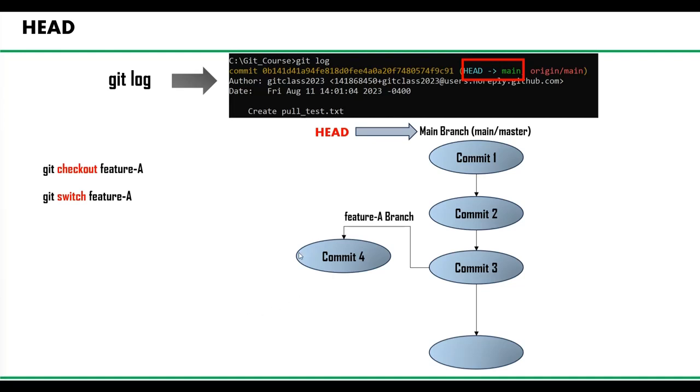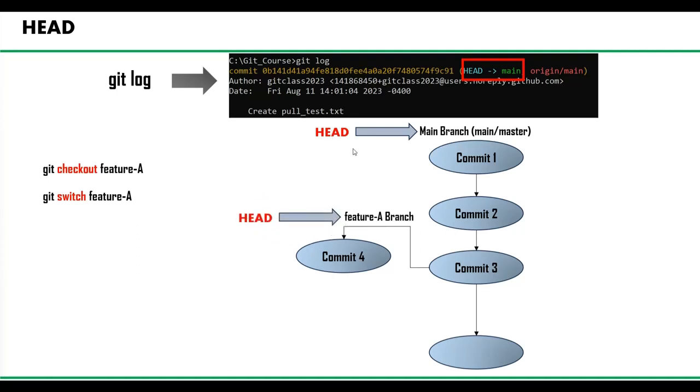So let's review it very quickly again. You are working on a main branch, the default branch, you do some commits, then you create a new branch and you do some commits on your new branch. Remember, HEAD is still pointing to your main branch, to your default branch, until you check out from the default branch to your new branch in order to change the HEAD.